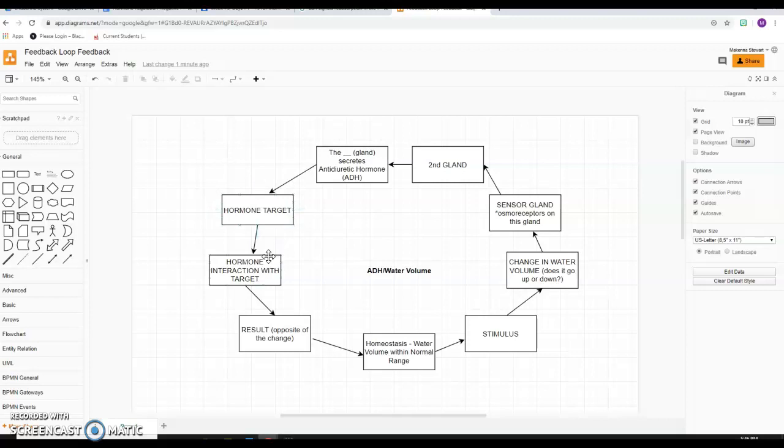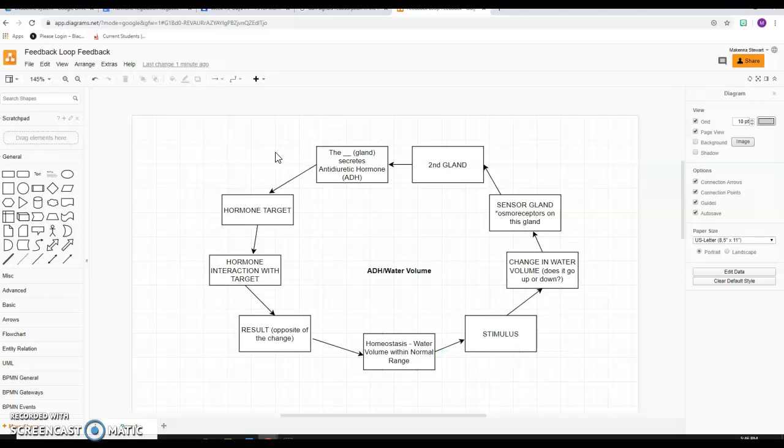When ADH gets to that organ, how does it interact? What does it actually do within that organ? What's the result? At this point, does the water volume go up or down? Again, it should be the opposite of this box, because we're balancing out the scale, bringing us back to homeostasis.